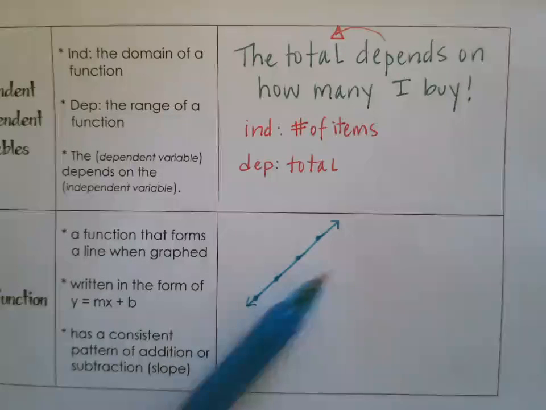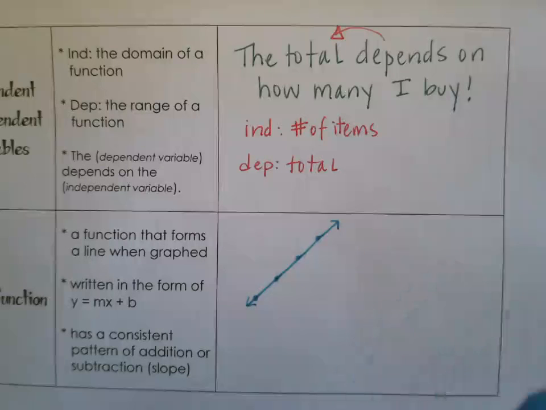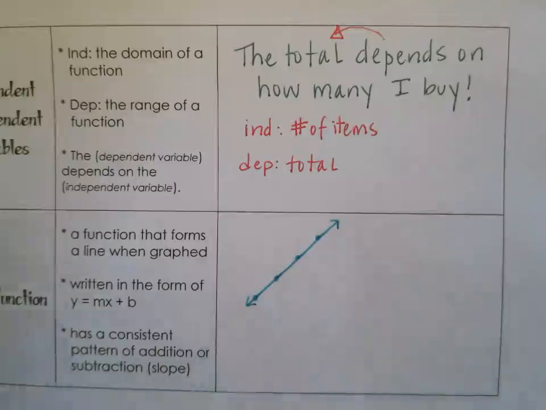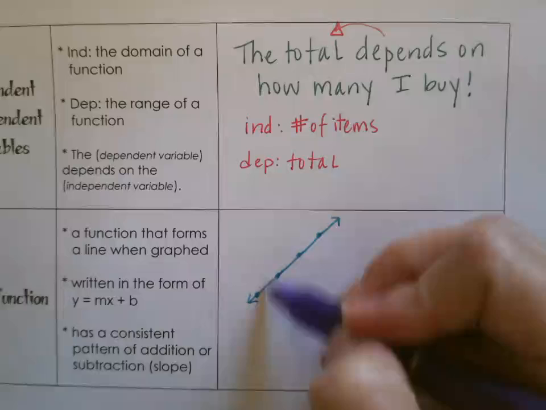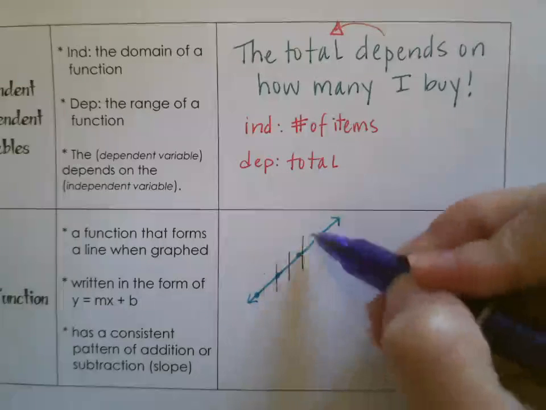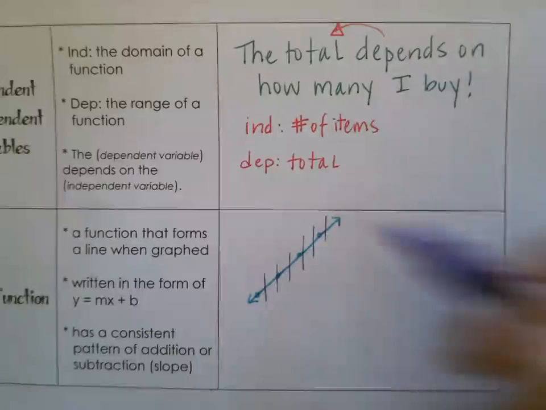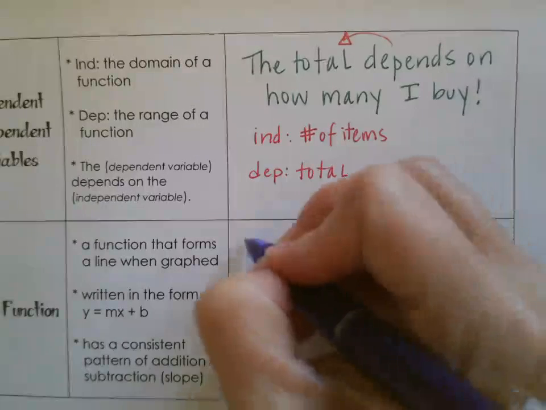So I know this is a linear function because, for one thing, it made a line, there was a pattern in my points, and if I did a vertical line test, I'm only hitting my line once. So this is going to be a linear function.